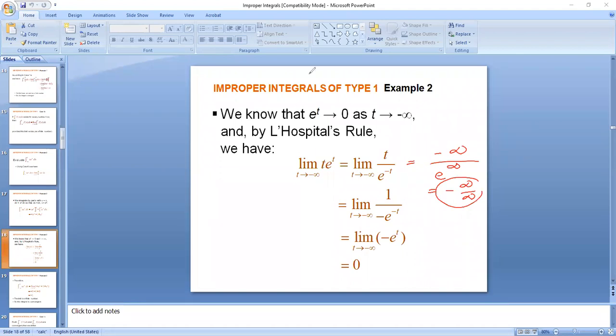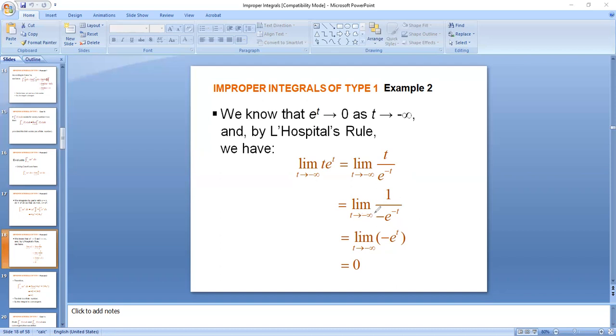So L'Hopital's rule suggests that whenever you have indeterminate forms in rational form, you can differentiate separately the numerator and the denominator. So if you differentiate it, the answer in terms of t is 1. The denominator, of course, would be e to the u du. The derivative of negative t is negative 1. So this is now the answer after you have differentiated.